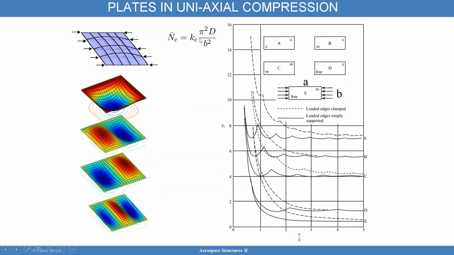Now, finally, I can plug in the KC here of 1.6. I know B and I know D, which is basically the bending stiffness of a plate.